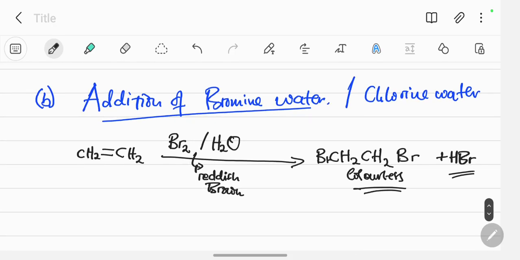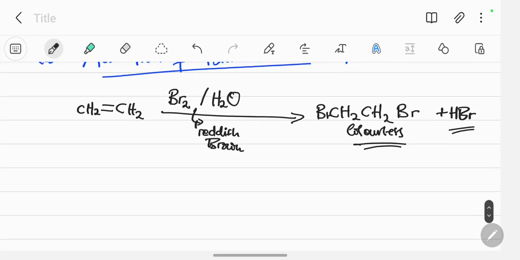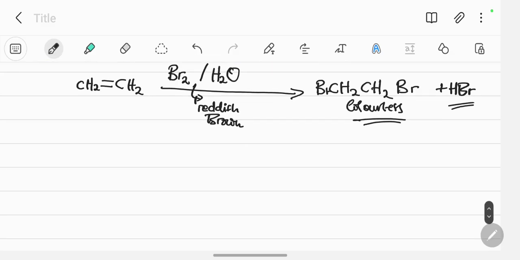Bromine water or bromine liquid, they give the same observations, reddish brown to colorless. And this test is a test for unsaturation. So when you see such color changes happening, you understand that the reactant is unsaturated. It has a double bond.